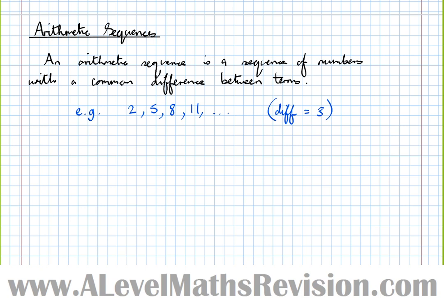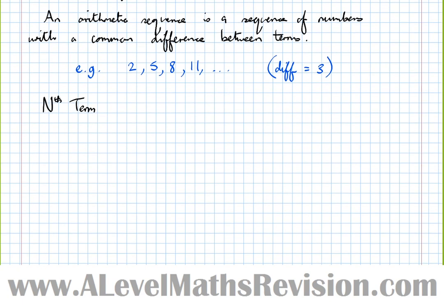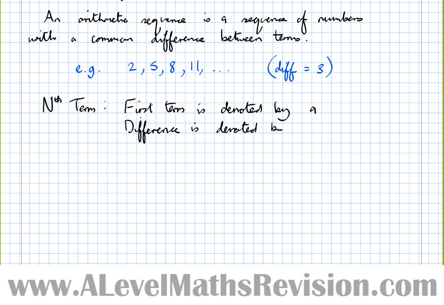And the nth term of a sequence such as this, well, the first term is denoted by a, usually. The difference between terms is denoted by d.